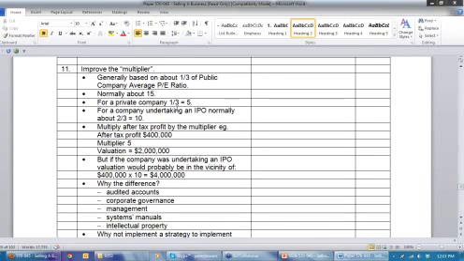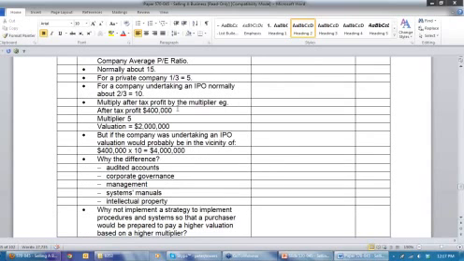But if appropriate systems were implemented, systems manuals, protection of intellectual property, full documentation, and the business appeared very clean in how it's run, maybe the accounts are audited, maybe there's been a significant improvement in corporate governance, then it is arguable that the multiplier could be somewhere between, in this case, 5 and 10. And just by way of example, if 10 is used, the business valuation has been doubled.